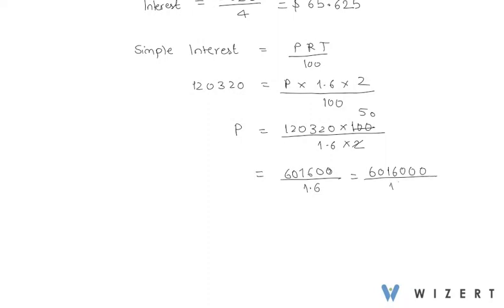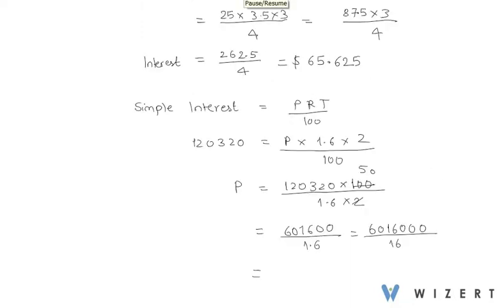6016,000 divided by 16. I have simply removed the decimal point from the denominator, so I had to multiply 10 to the numerator. So that will be 16. I had not considered 0 from this 50, so this will be here and there will be one more 0 over here. So let's see now. 16 3s are 48.